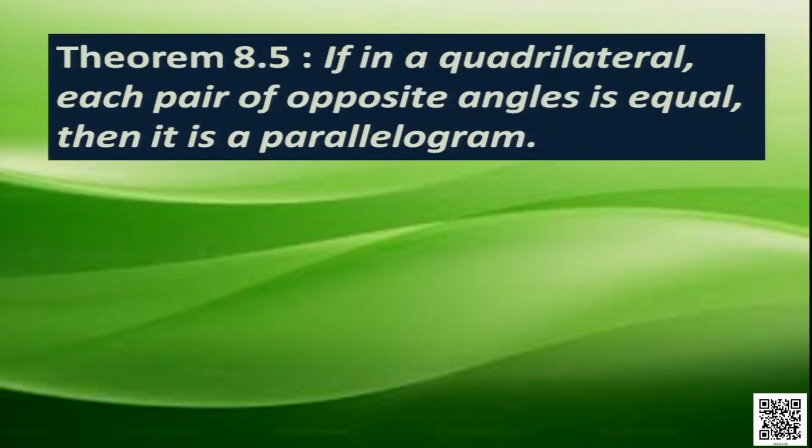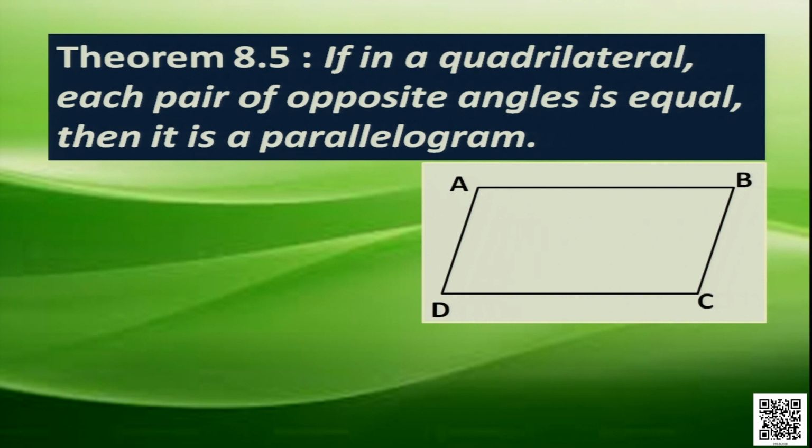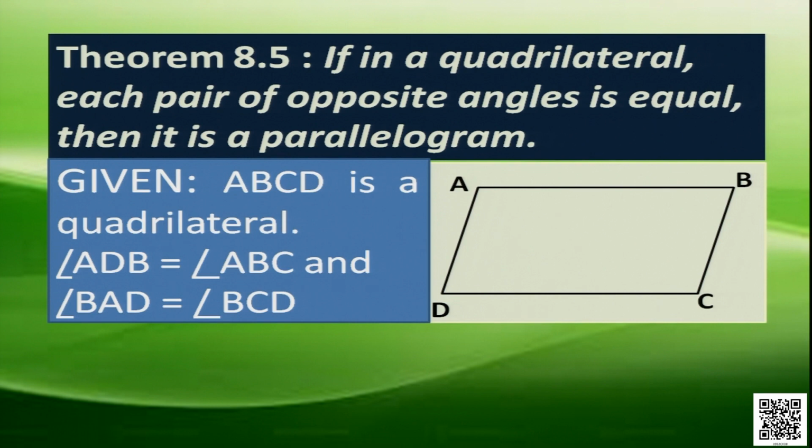Then how to prove it? Let's have a figure that is a quadrilateral. Here ABCD is a quadrilateral. So given that ABCD is a quadrilateral. Now you see angle ADC and angle ABC are opposite angles, and it is given that these two angles are equal.